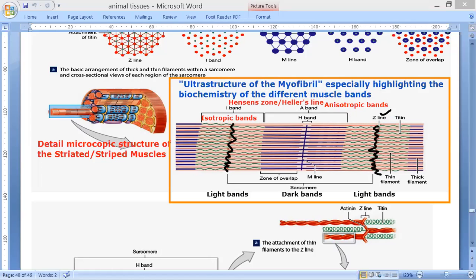Okay, so this is called the Z line, and the architecture between two Z lines, what will we call this particular thing? So this particular structure we will refer to as sarcomere. Okay, sarcomere.